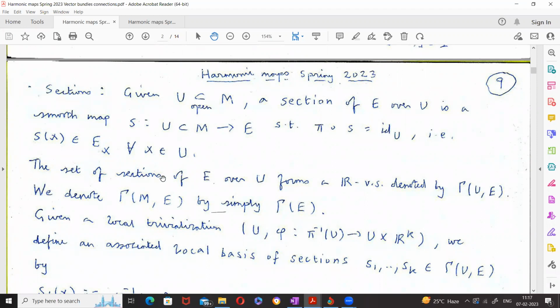So the sections of E over U form a vector space, which we'll denote by Gamma(U, E). And so these are local sections on an open set U in M. And for global sections defined on all of M, Gamma(M, E) will be denoted simply by Gamma(E).